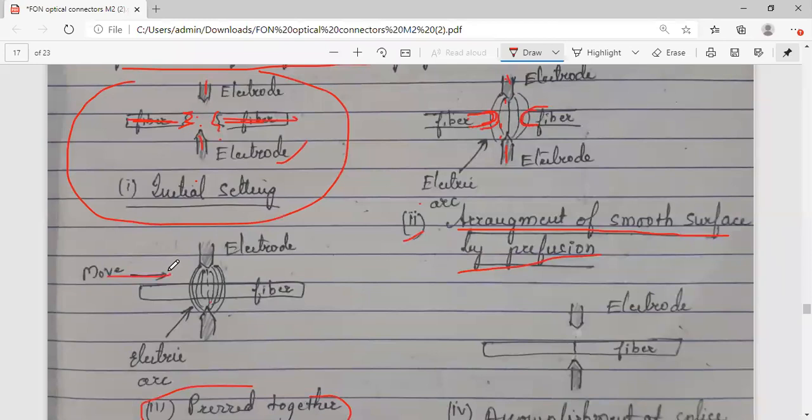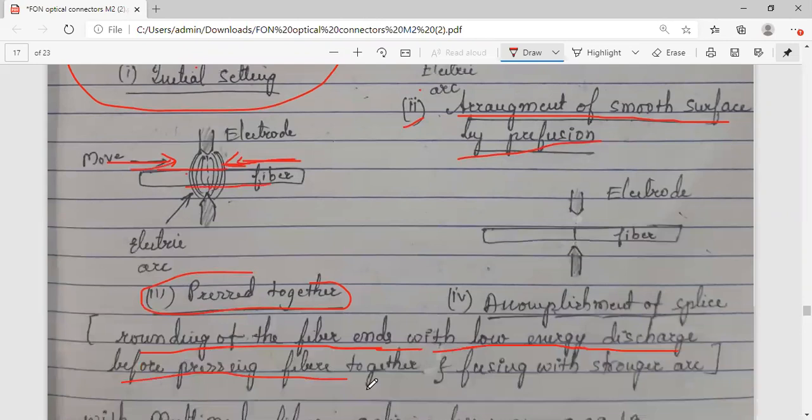Pressing fibers is your third step. You are making both close. You take both toward each other, in opposite directions, so that they are pressed together, because already both are round here. So in the third step, they are pressed, you bring both nearer. That is your third step. They are pressed together.